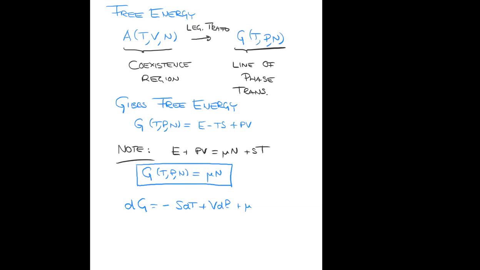Plus mu dN, okay? So this means, among other things, that if I take a partial derivative of G with respect to T, and I keep the other variables constant, then what I get is minus S. Okay, that's one of these partial derivatives.